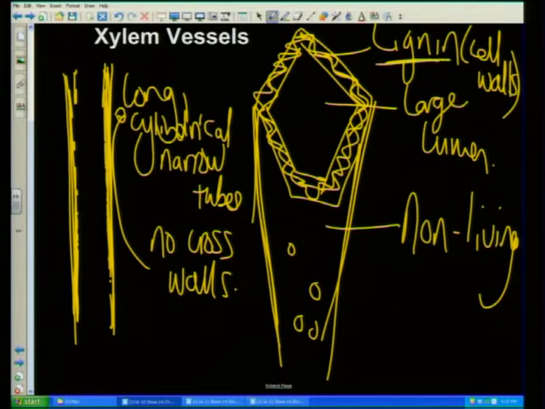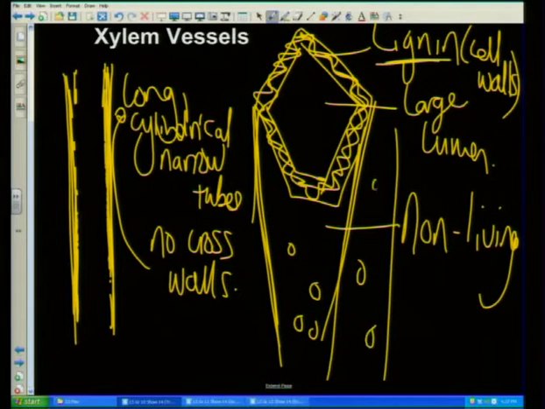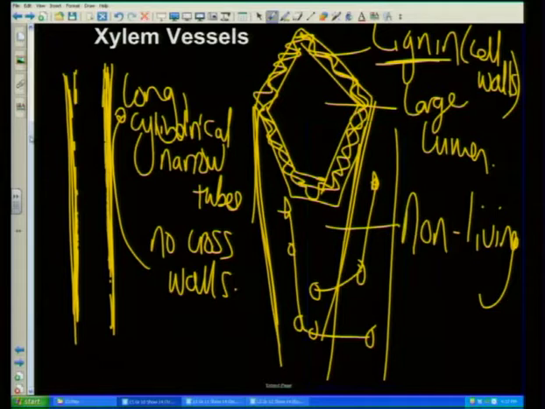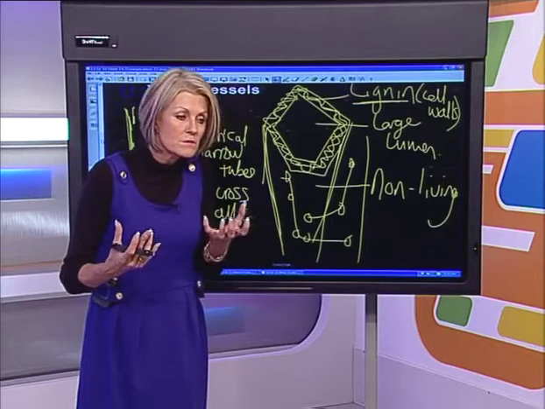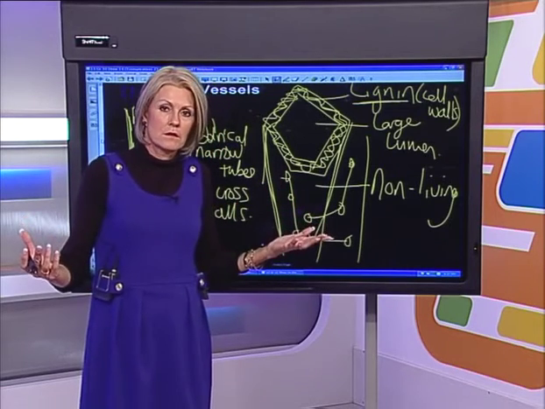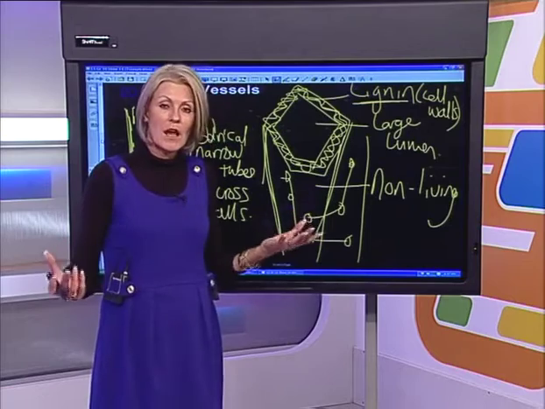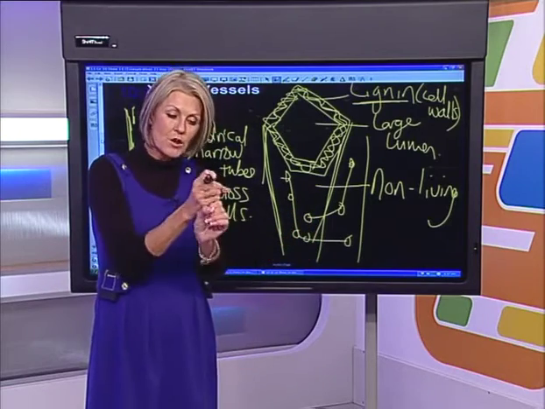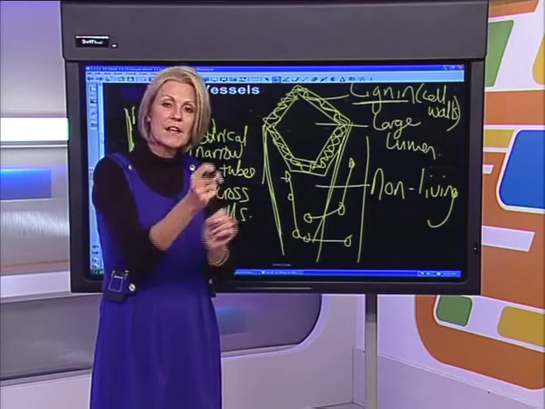Because the lignin is waterproof, and these holes allow the water to pass from one xylem vessel to another one and then be sucked up, and then water will go from here and up in this one, and so on, because they're non-living and because they are actual tubes with so much lignin that nothing can get through.